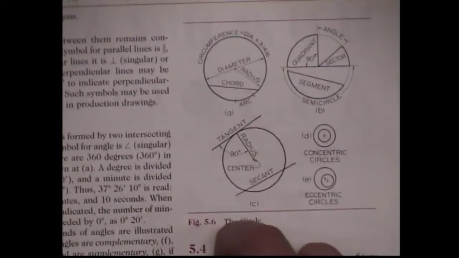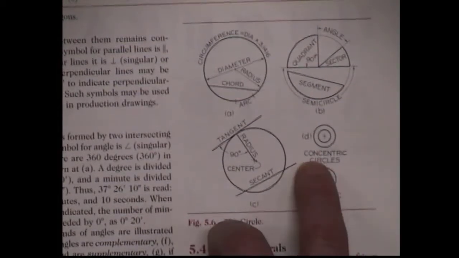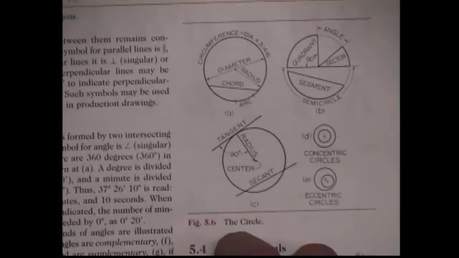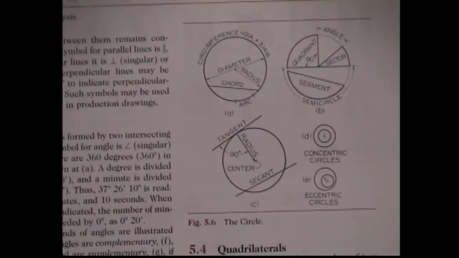Tangent, common mate. Okay? Eccentric circles mean that they're overlapping, but they do not share the same center. So an example of this might be a gearbox. You might have a gear, a pinion within a larger gear on the outside.